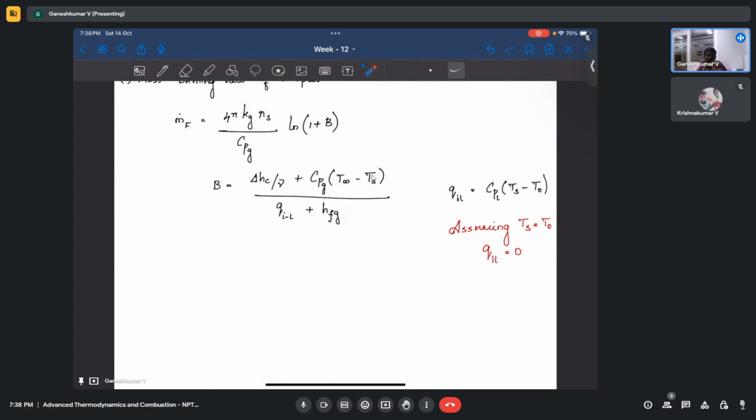While deriving, we made certain assumptions for getting this CPG. If you get a good estimate of Cp, say assuming the whole gaseous mixture, then your answer would be more accurate. And delta HC we know is a heating value, and all others should be straightforward.